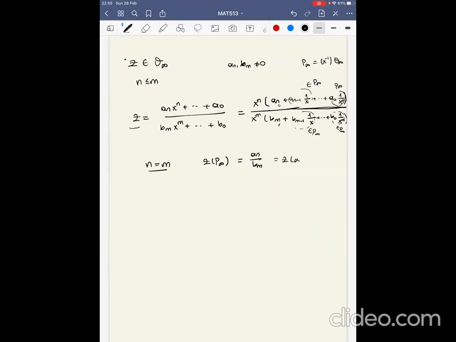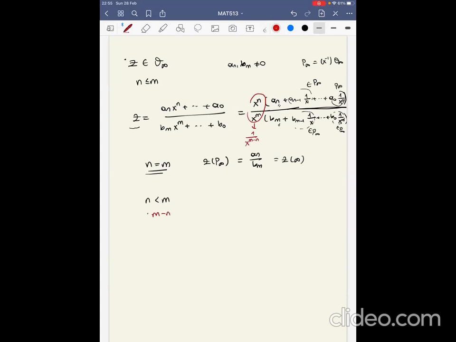This is also, by the definition of z infinity, the same constant. And if n is less than m, in this case this term can be written as 1 over x to the m minus n.